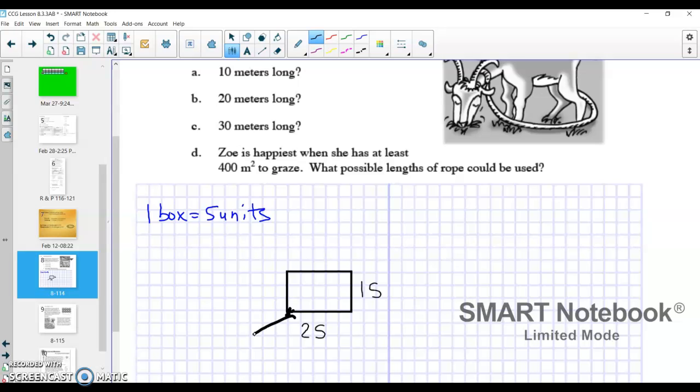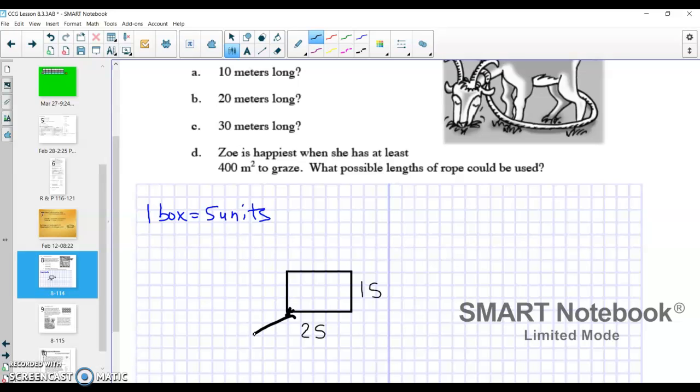This is going to be an area of a sector problem because we're going to form sectors here. Also, as it says on here, one box is 5 units. So a length of 25 is 5 boxes, and a width of 15 is 3 boxes. It's just nice to note that as we go forward.